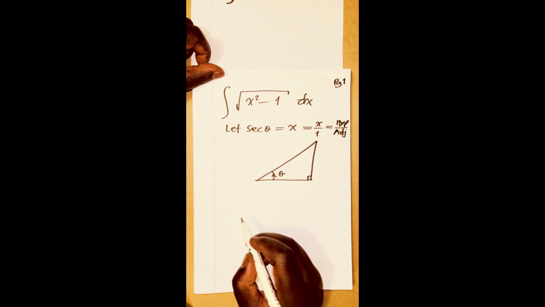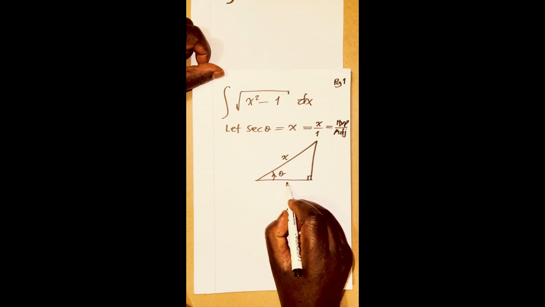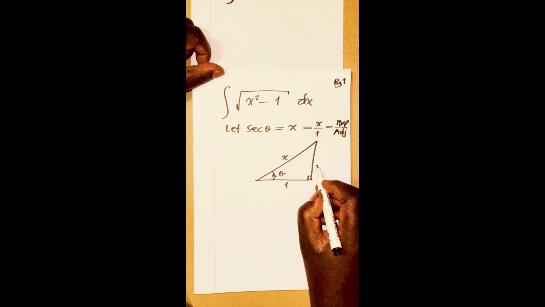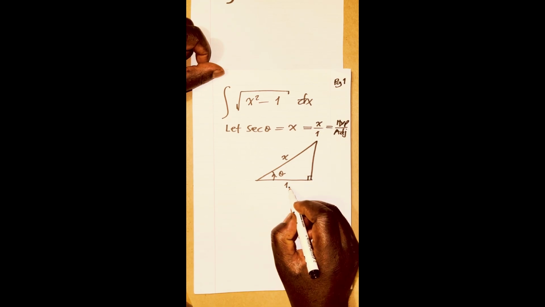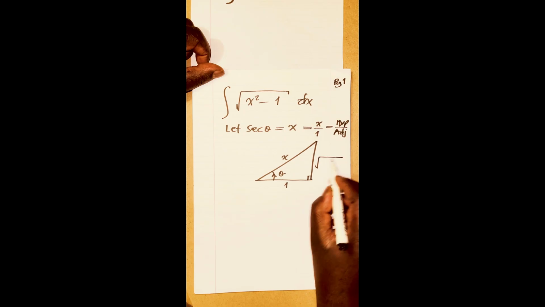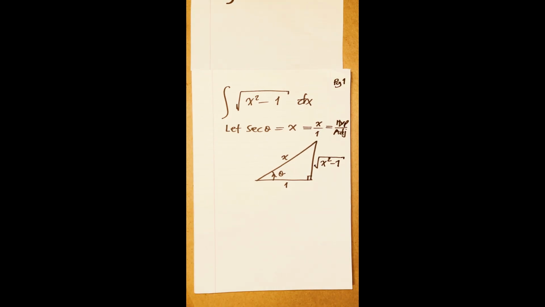By definition, secant is the hypotenuse over the adjacent side. Now we need to use Pythagoras theorem to work out the opposite side, and you'll agree with me that it will be the square root of x squared minus 1 squared, which is the square root of x squared minus 1, because x squared of course is x squared and 1 squared is 1. So that is the first part.